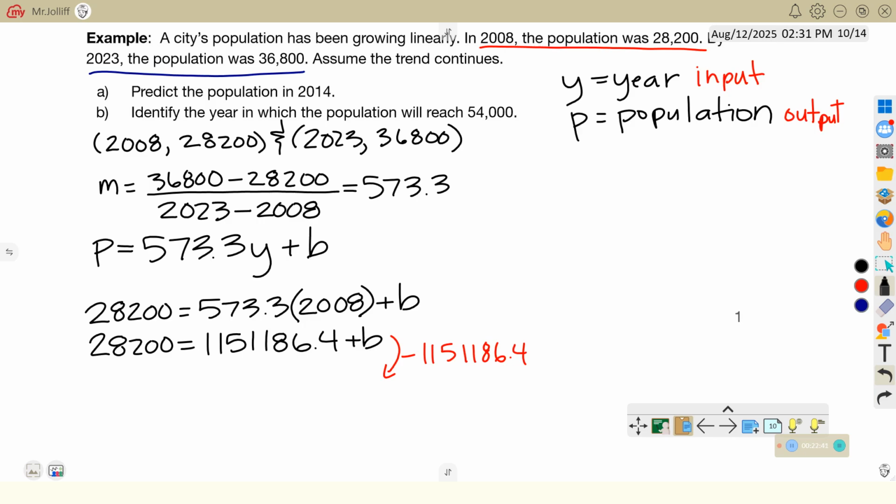So 28,200 minus 1,151,186.4, and I get negative 1,122,986.4.